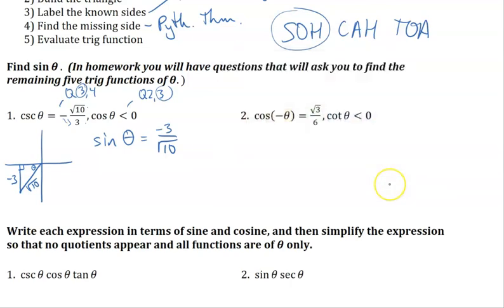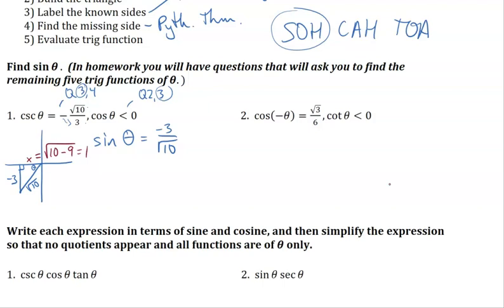Let's switch colors here. And so this side right here, this x coordinate here, I'm going to use the Pythagorean theorem to find that. So the leg is going to be the square root of hypotenuse squared minus leg squared. So the square root of 10 minus negative 3 squared, which is 9. Root 1 is 1.